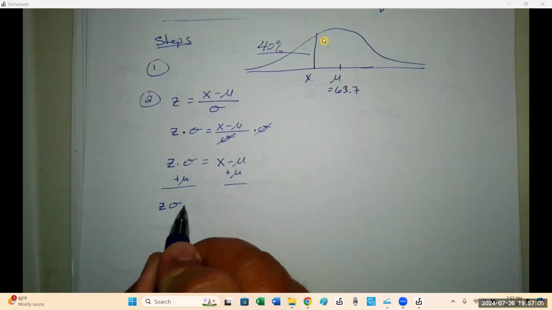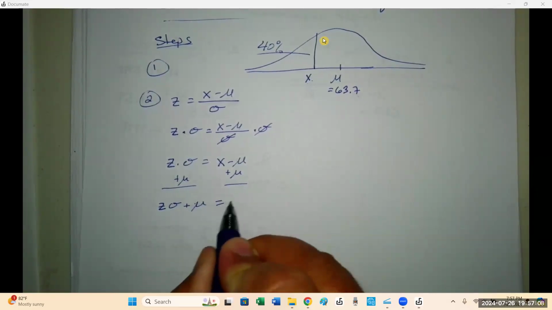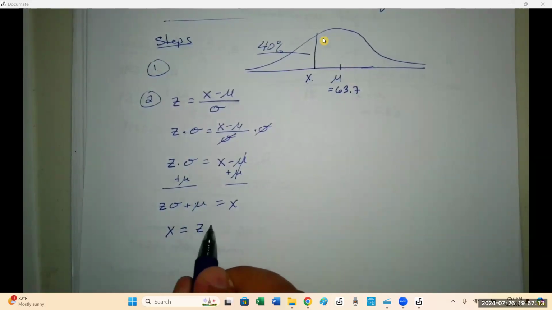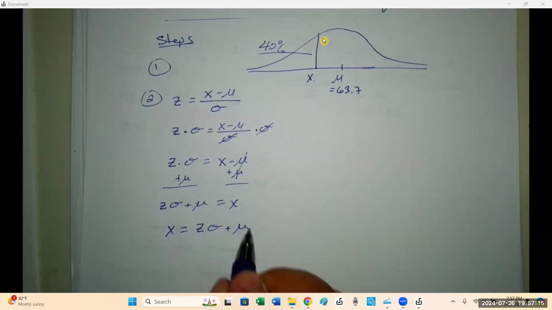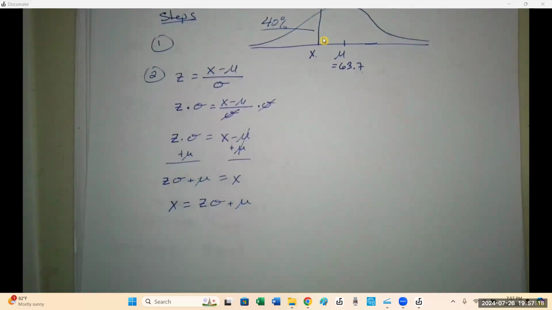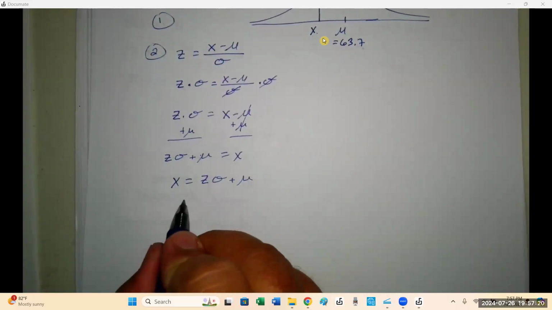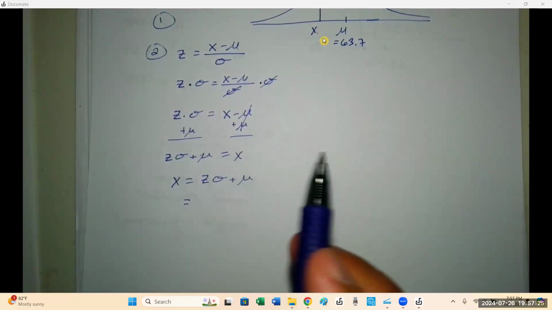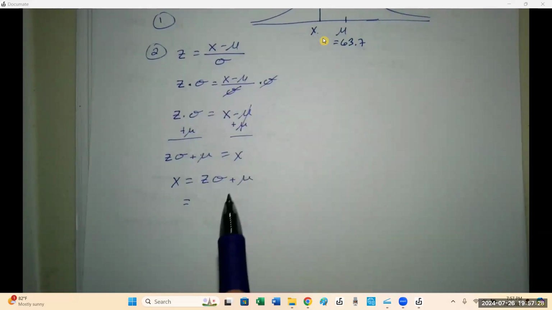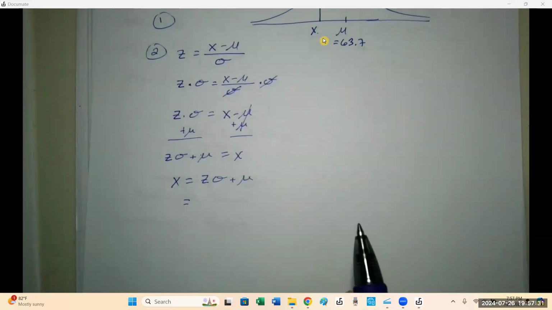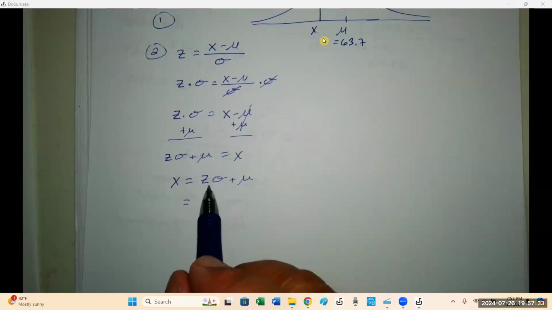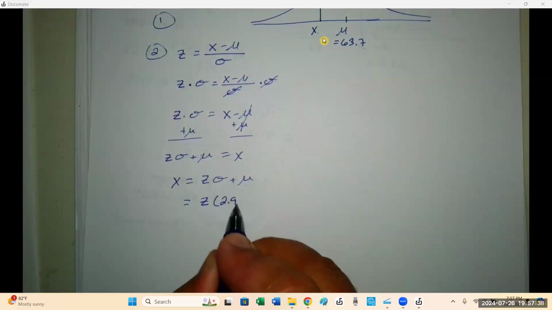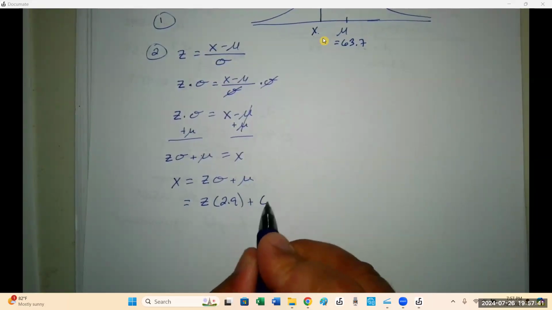So Z times sigma plus mu equals X. So this is our formula. We know the sigma. The sigma is 2.9, plus 63.7.